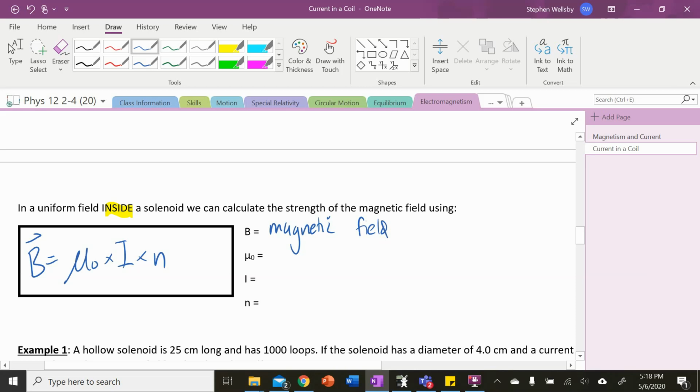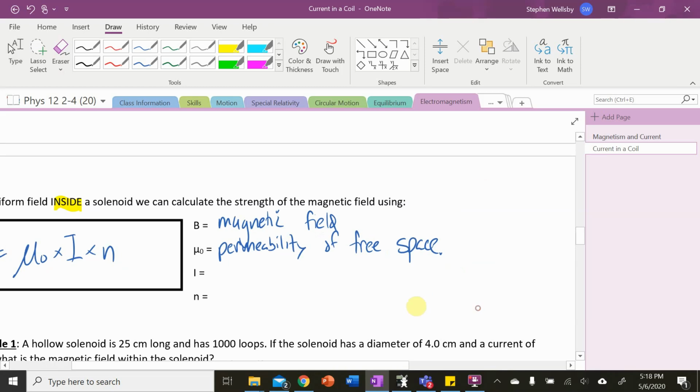Now this mu naught is called the permeability of free space. You can think of this as one of our universal constants. So for example, just like big G is a universal constant, 6.67 times 10 to the minus 11, or we have k, kind of a universal constant, or related to another universal constant, which is 9 times 10 to the 9.